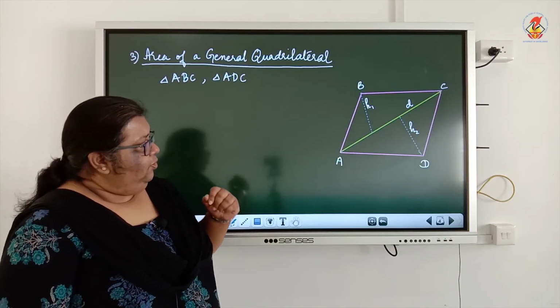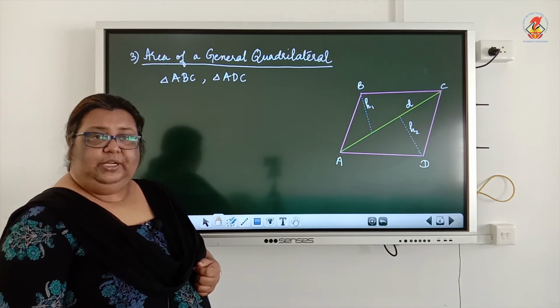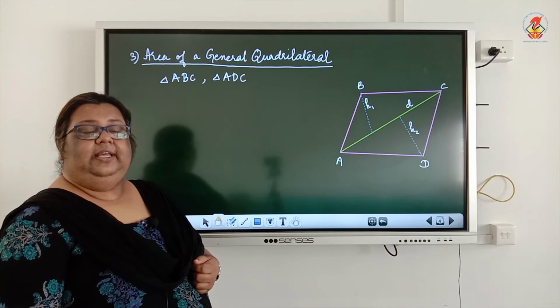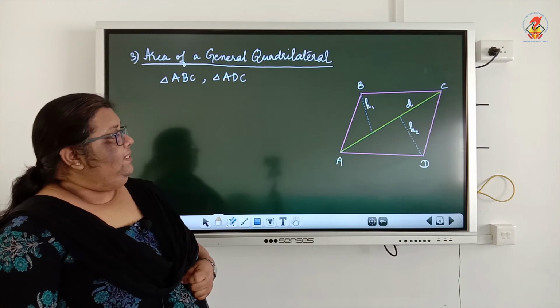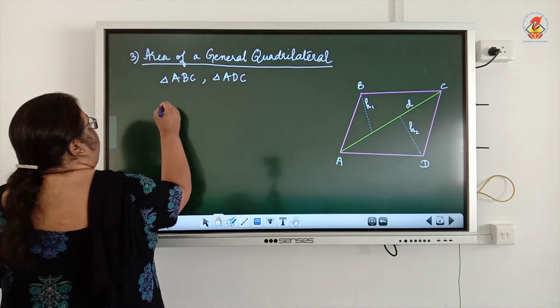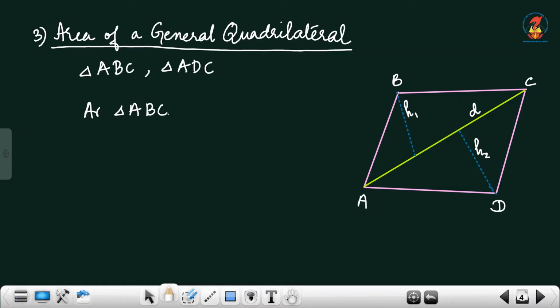Now let me ask you, how will you find the area of triangle ABC? What is the formula to find the area of a triangle? It is half base into height. Here what is the base? AC. So I can write area of triangle ABC equals half D, and what is the height? H1. And what will be the area of triangle ADC?